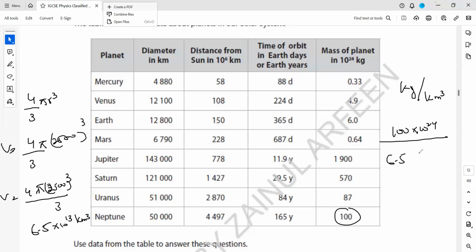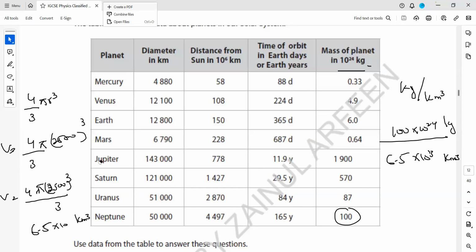If we substitute, the volume is in kilometer cubed and the mass is in kilograms. So 100 exponent 24 divided by 6.5 into 10 to the power 13. What's the final answer? It is exponent 10. Okay.